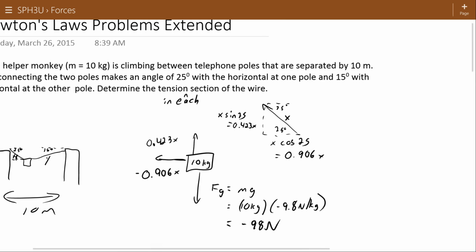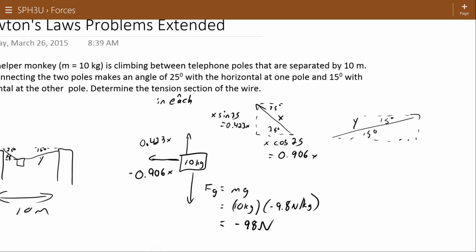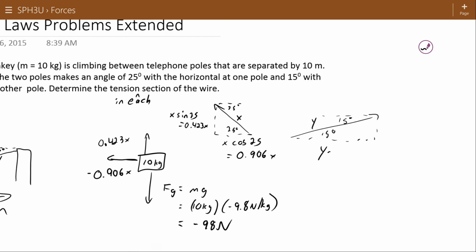Now let's look at my force of tension from the other string. Again, if this is 15 degrees, and I go down here, then this is 15 degrees as well, from the Z pattern if you want. I'll call this one y. And so this is going to be y cos 15, and this is going to be y sine 15, opposite and adjacent.